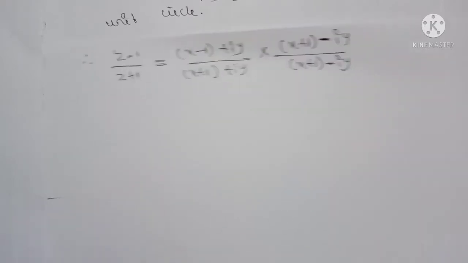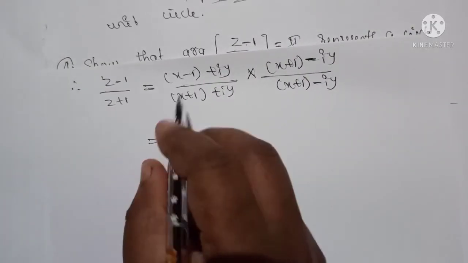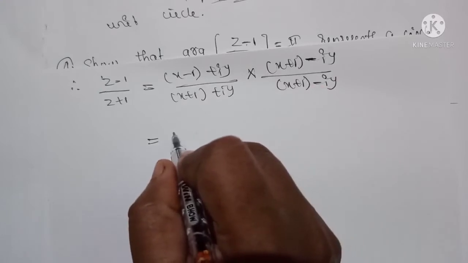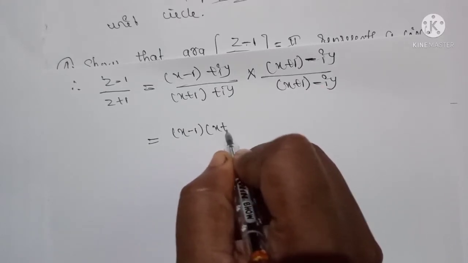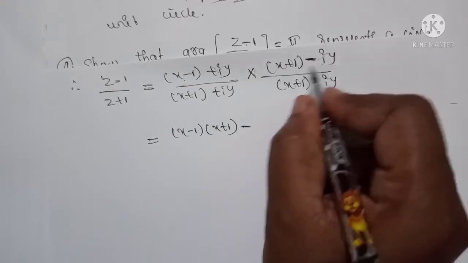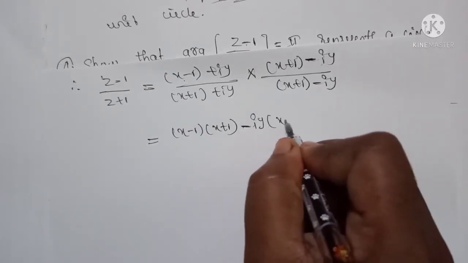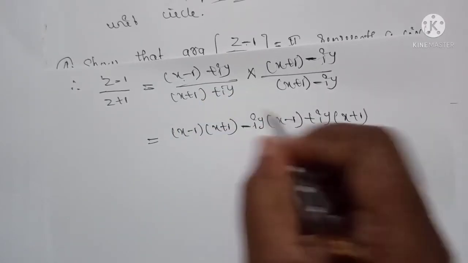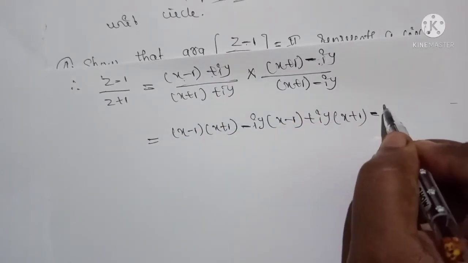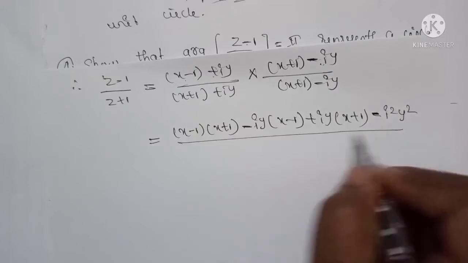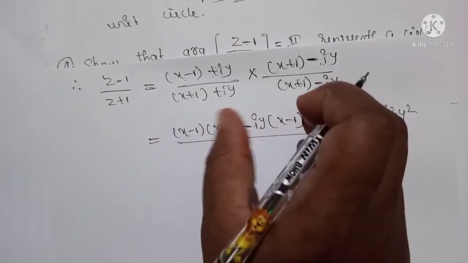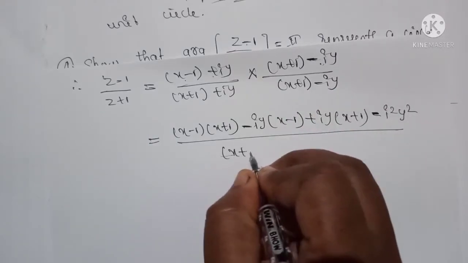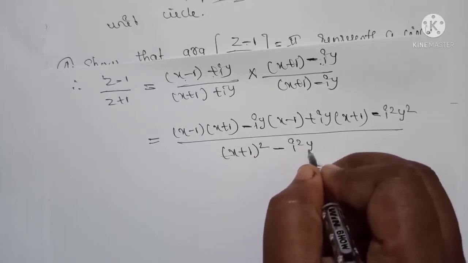Now simplifying this one, we multiply these two brackets, we get x minus 1 into x plus 1, minus iy into x minus 1, plus iy into x plus 1, minus i square y square, divided by the denominator. It takes the form (a plus b)(a minus b), therefore it is a square minus b square, that is x plus 1 whole square minus i square y square.